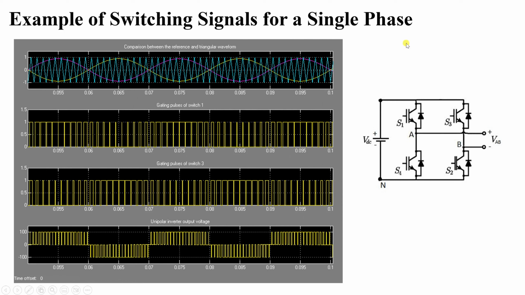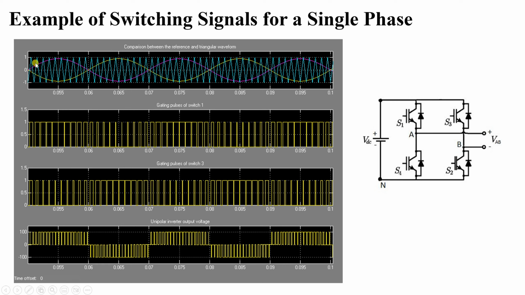If we're looking at a single phase system, you will find a paper that I'm going to attach to this course. For this one, we have the modulating wave, the violet one, for A, and the yellow one for B. And we have here the triangular wave with a certain frequency.